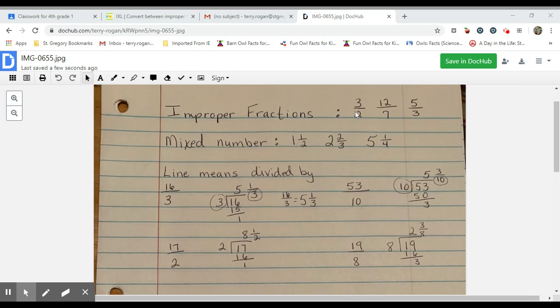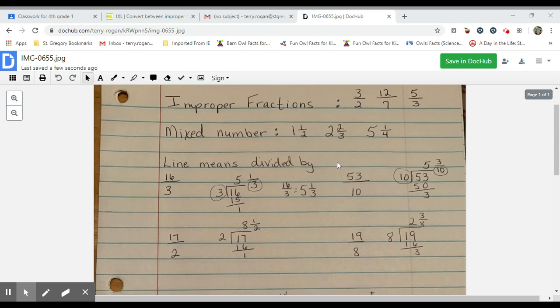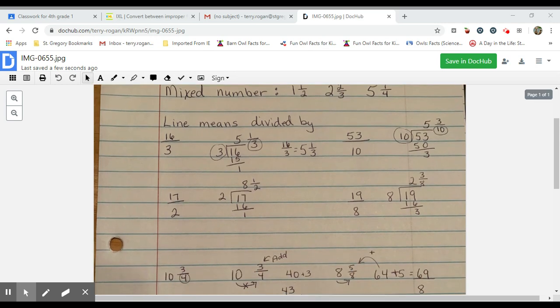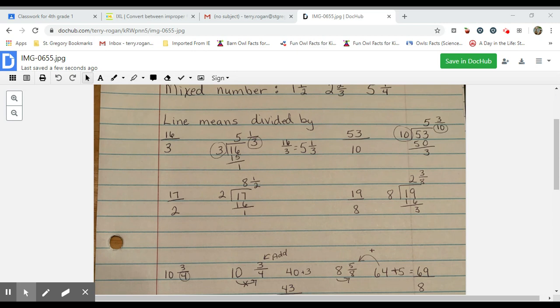We could call this 3/2, 3 divided by 2. This line means divided by. So that's exactly what we're going to do. We're really going to learn how multiplication and division fit in with fractions.